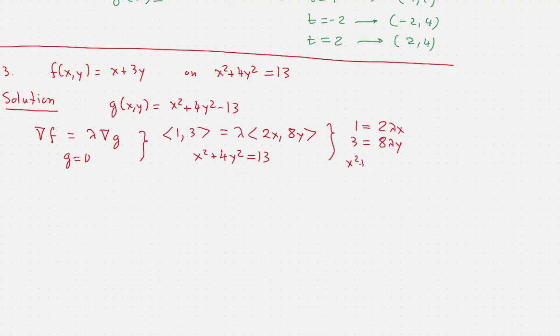Now, here things are rather simple. Notice that the first two equations imply that x cannot be 0. If it were 0, you would get 1 is equal to 0. y cannot be 0, and lambda cannot be 0, which means that we can take these two first equations and divide them by parts.